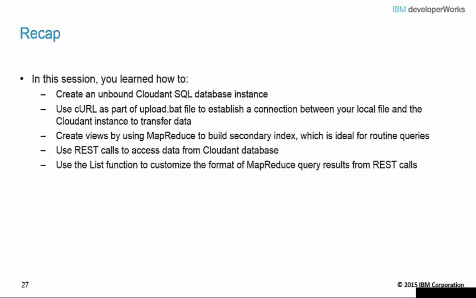We then went into that instance's database console and built some secondary indexes and then used some REST calls from our browser to actually see the data returned from calls to those indexes. Finally, we used the list function to show you how you can format the output of calls to secondary indexes.